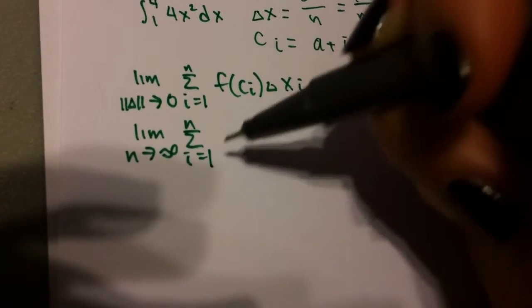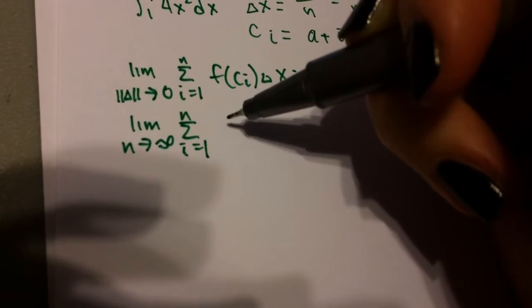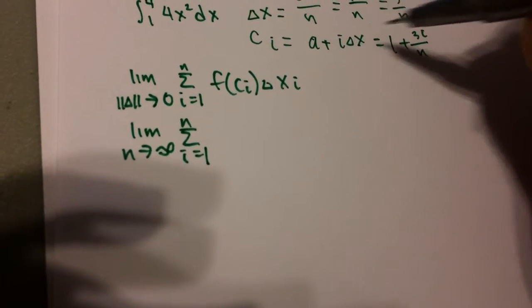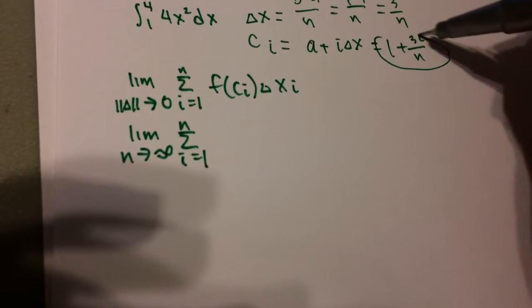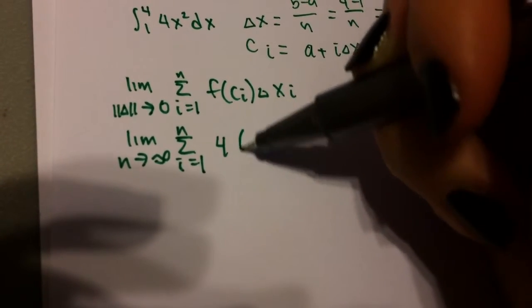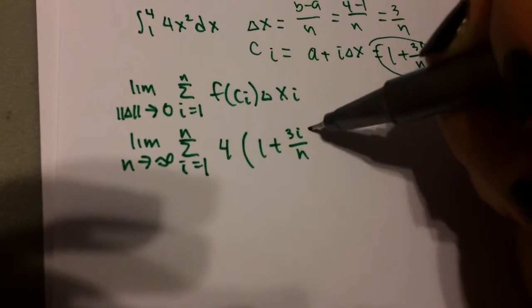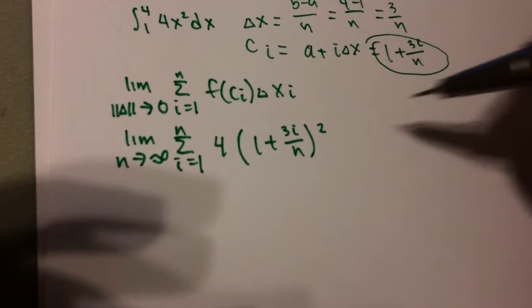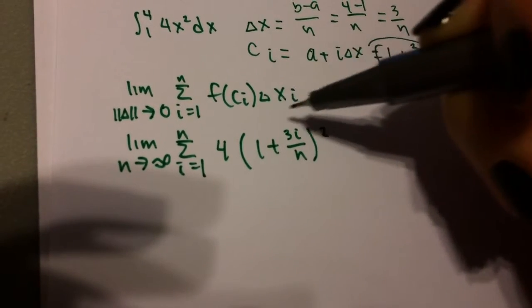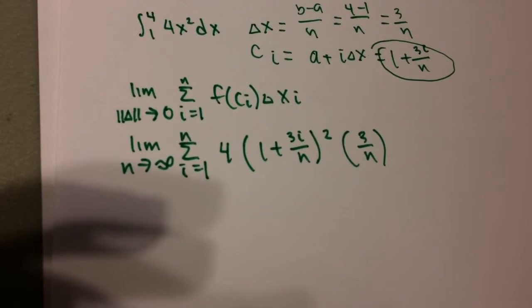So I'm just gonna start plugging in things now. So f of c sub i, which is this value right here, is going to be 4 times (1 plus 3i over n) squared times delta x, which is 3 over n.